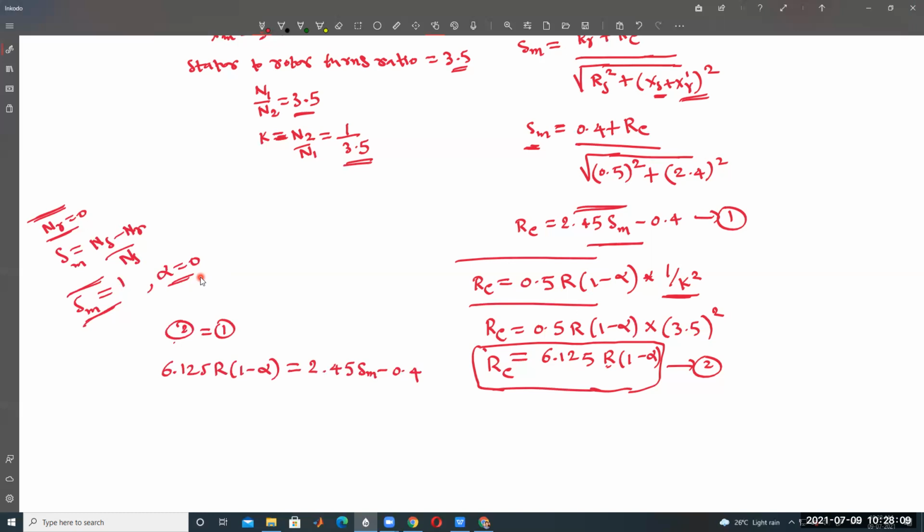Substituting alpha 0 and slip 1, we get 6.125 into R into 1 minus 0 equal to 2.45 into 1 minus 0.1.